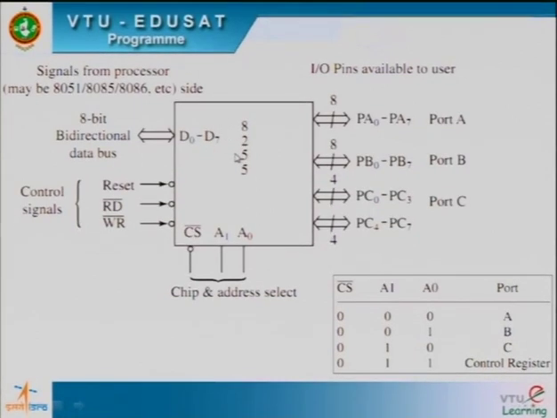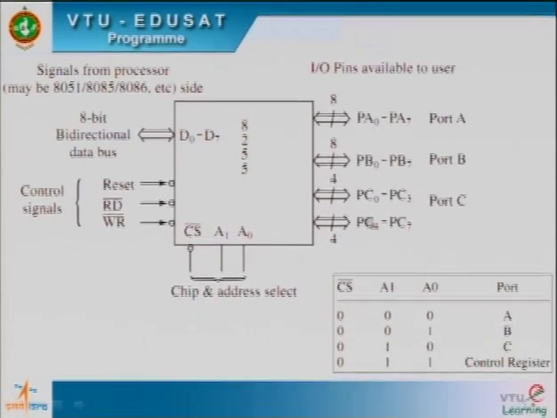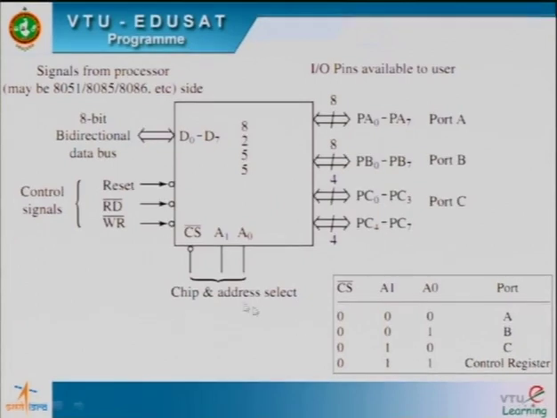Previously we have seen when we are using 373, only one address was sufficient, or with 244 only one address was sufficient, because we are using either one buffer or one latch, only one input device or output device. But here we have 3 ports plus control register, so we need 4 addresses, and the 4 addresses are controlled by A0 and A1, 2 address lines along with chip select.